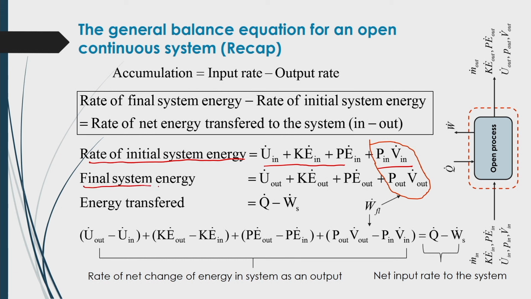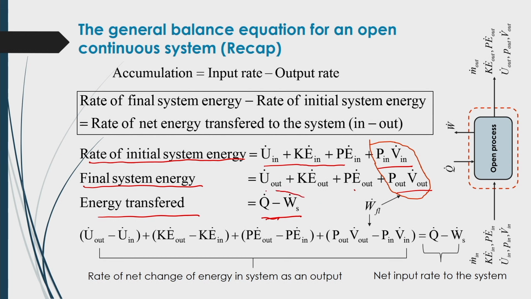Similarly, for the final system energy, we have the summation of internal energy, kinetic energy, potential energy, and flow energy or flow work at the outlet condition. The energy transferred is basically the heat energy transferred and the work done by the system, and if you subtract these, you get the net energy transferred to the system.